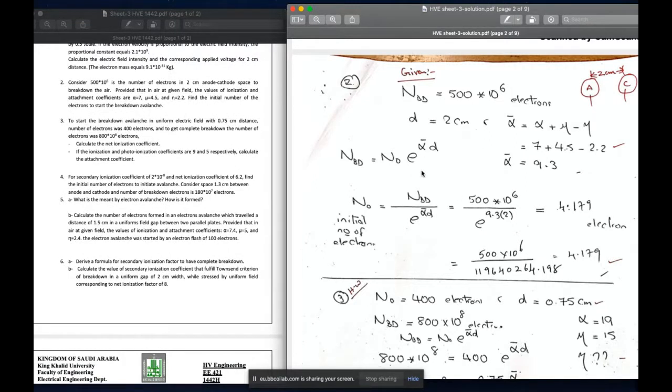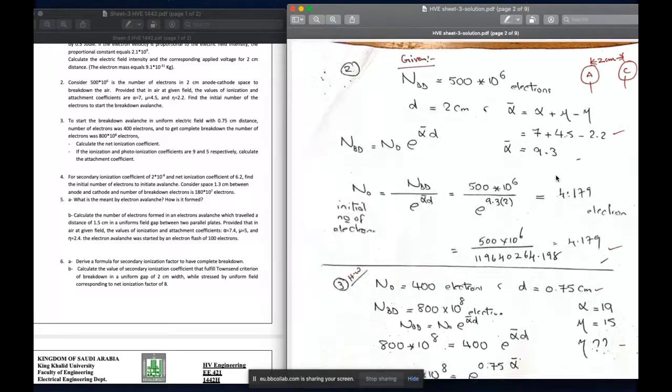Here we have only primary ionization. So the formula is: the number of breakdown electrons required is equal to the starting number of electrons, that is the initial number of electrons, multiplied by e power alpha bar d. Here alpha bar is the net ionization coefficient, which we can calculate from alpha plus mu minus eta, which will be equal to 9.3.